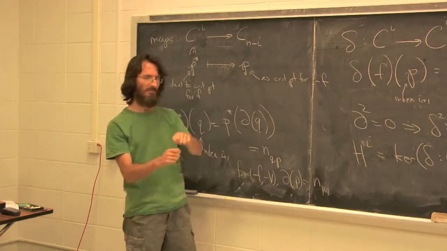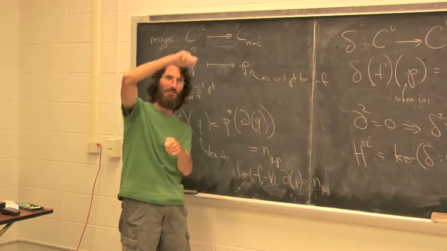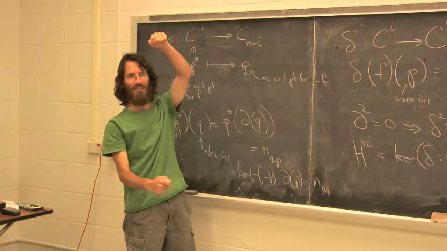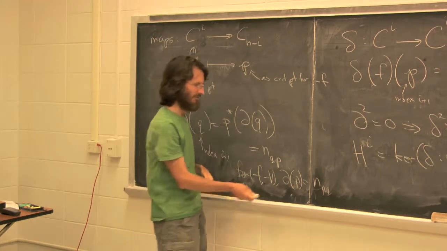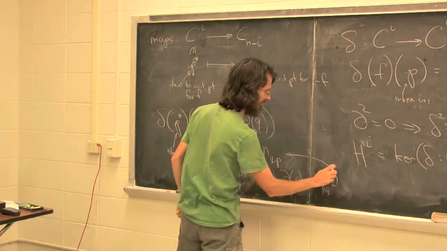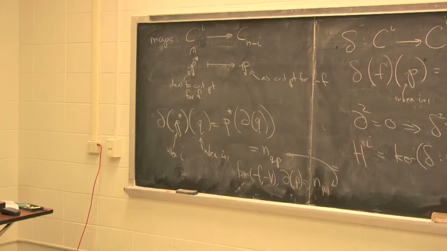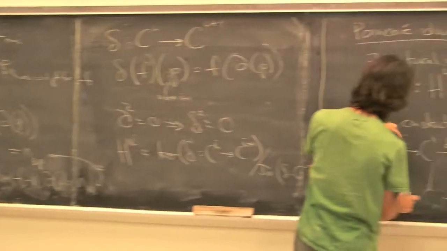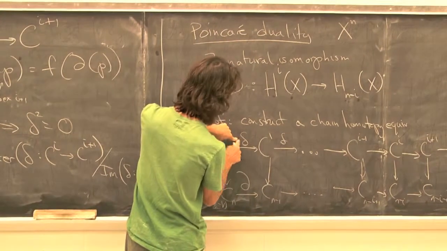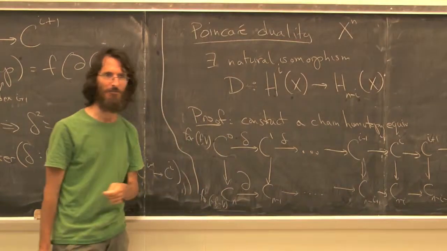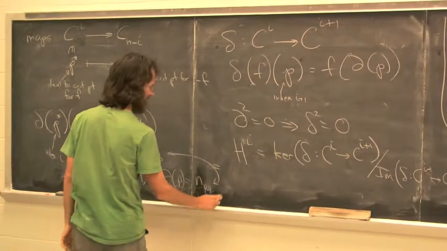But Q was above P, and we counted flow lines from Q down to P. Turn everything upside down, we're counting flow lines from P down to Q. Those are equal. Therefore, when you push everything down by these maps, this linear map turns into that linear map. Therefore, the diagrams commute, and we're done.